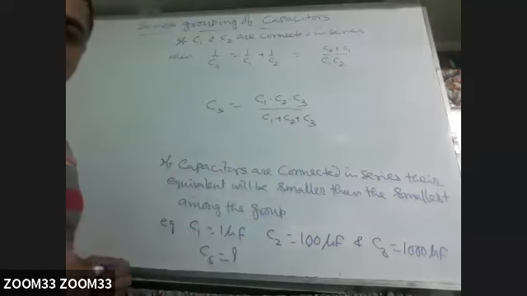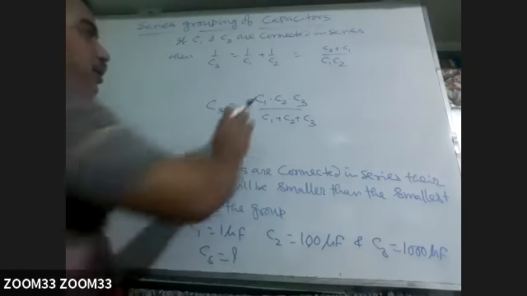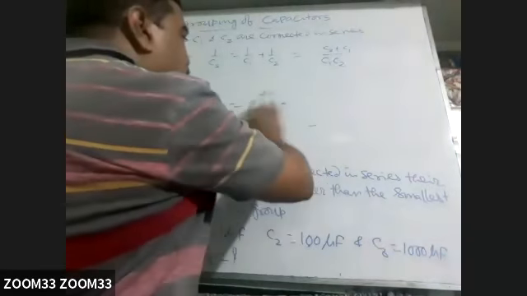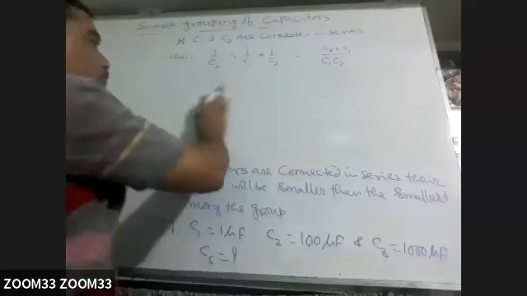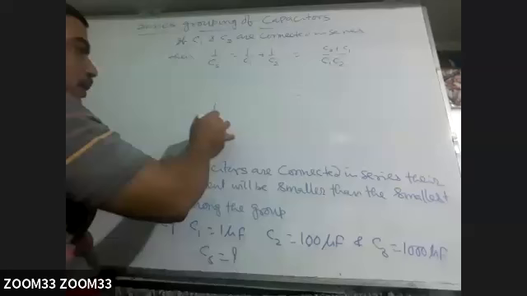No, sir. So it can't be valid. So don't use this formula. So when it is more than 2, you will have to use the original one. That is what will be 1 by CS.